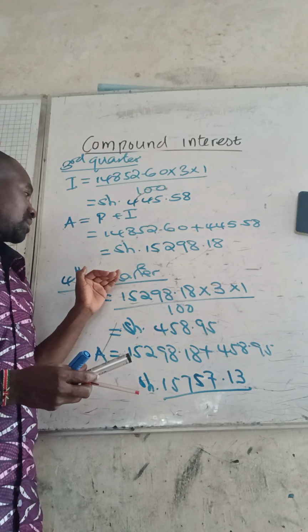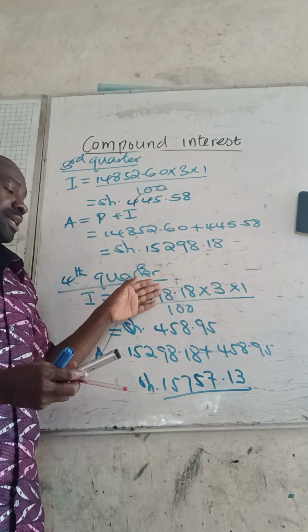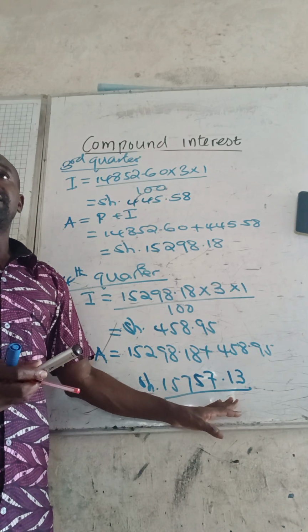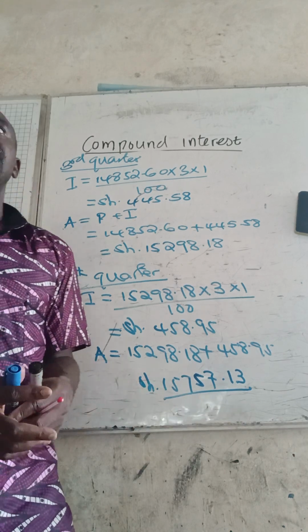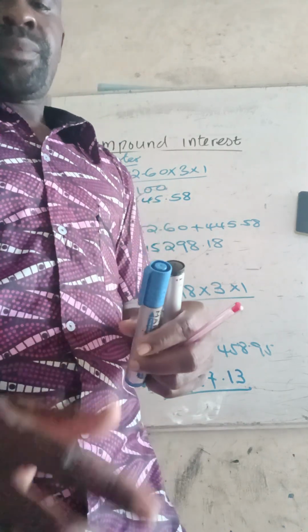So by the fourth quarter, that gives us the amount of money accumulated in that savings account. Okay, any question?